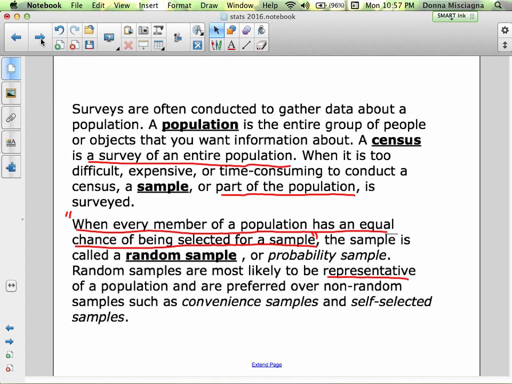Right? So with a convenience sample, it's the people around you. It's people that are easy to ask, people that are all in the same area, and that wouldn't be a random sample, because every member of the population wouldn't have an equal chance of being selected. A self-selected sample are people that choose to perhaps call in.